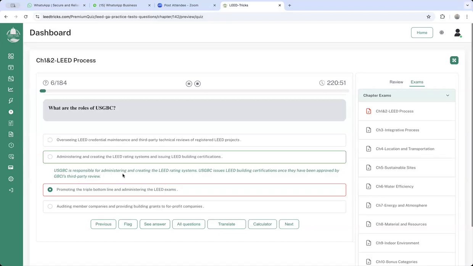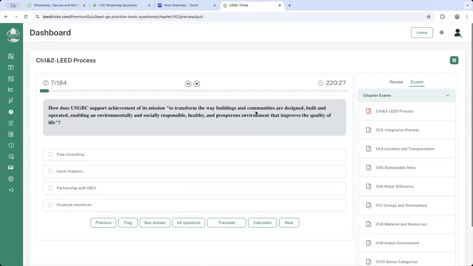So USGBC is responsible for administering and creating the LEED rating system. USGBC issues LEED building certification once they have been approved by GBCI. There is no contradiction here. Okay, so this is the answer. Very important question. Easy, but it's important.